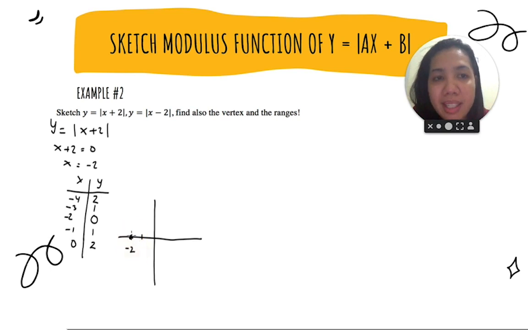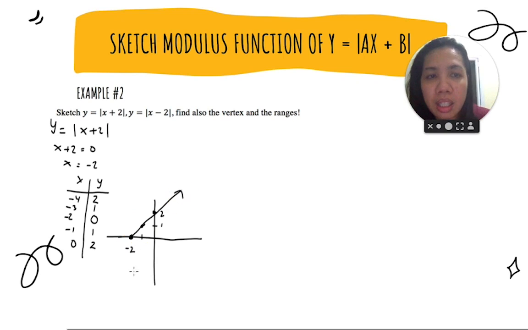Minus 2, 0 is the vertex, and then we continue to minus 1, 1, and then 0, 2. So we can draw a line like this.